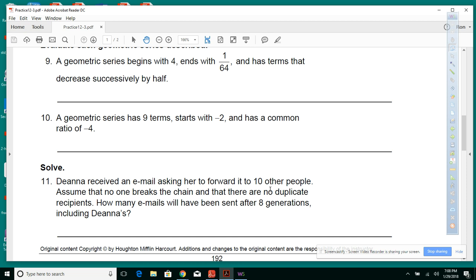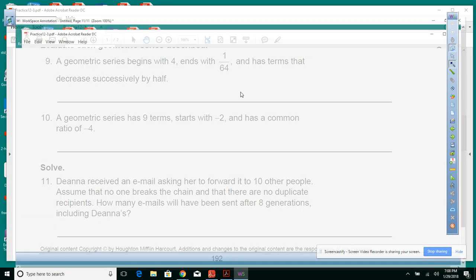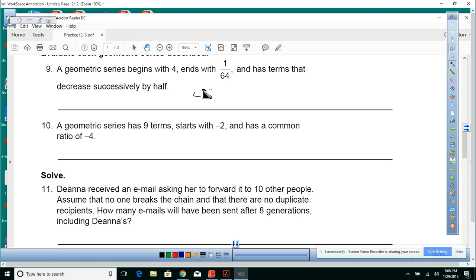Okay, it begins with 4 and ends with 1 over 64.